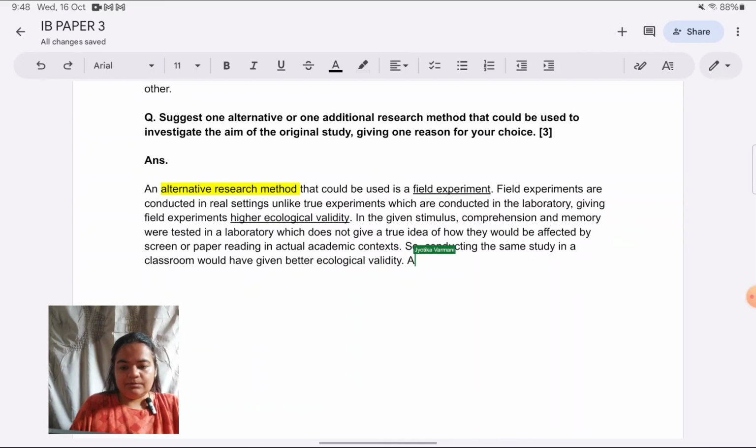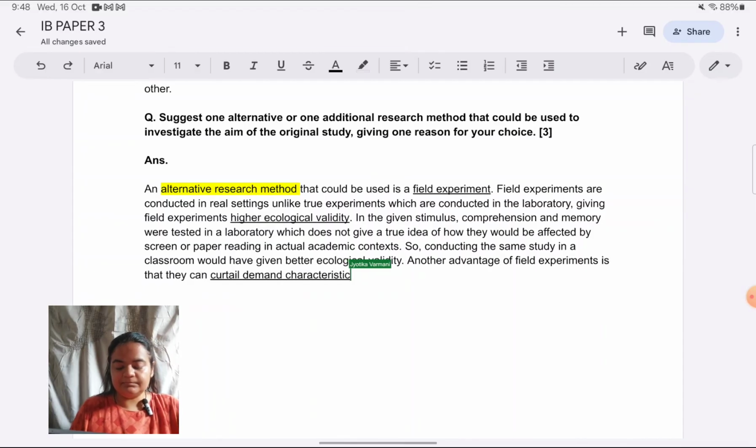Another advantage of field experiments is that they can curtail demand characteristics, as compared to true experiments, which provoke participants to change their behavior, or we can say they induce.